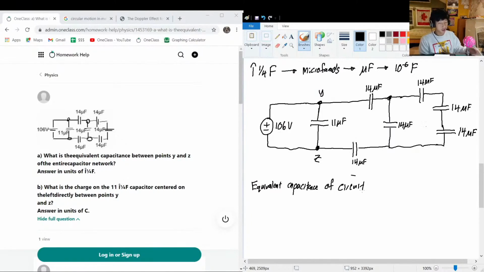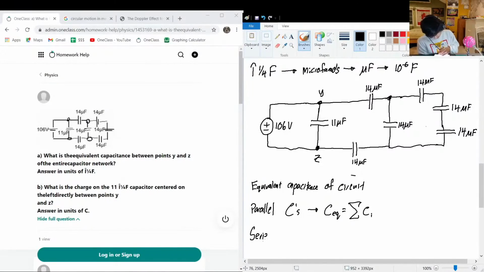It's very similar to maybe what you've seen in the past, simplification of resistor networks, with capacitors. It's very, very similar, but one minor difference. In parallel, CEQ is just the sum of the C components.